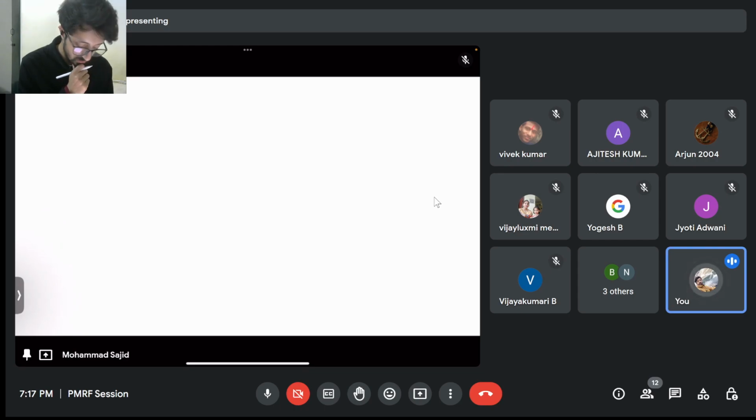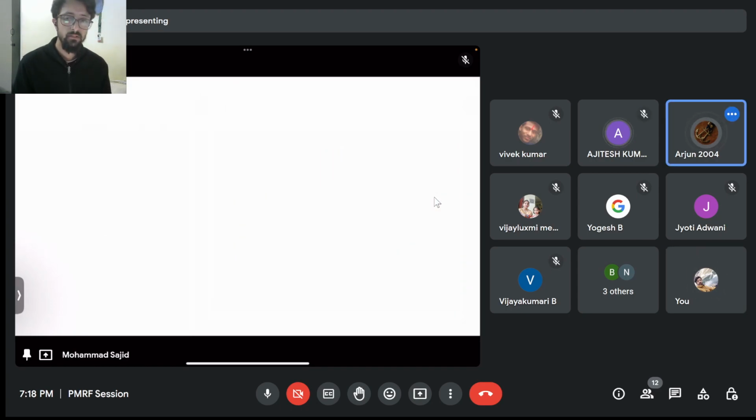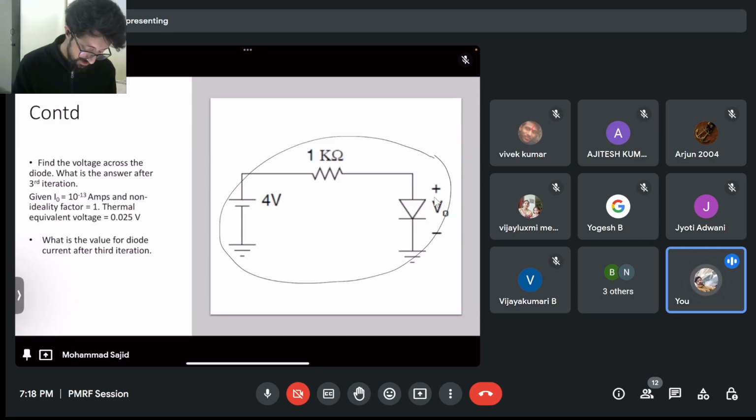Okay, so you solved this question yesterday, right? Is it visible? Yes, sir. So you can do this question. Just a simple thing: the ideality factor depends on various phenomena which you will learn in further semesters.